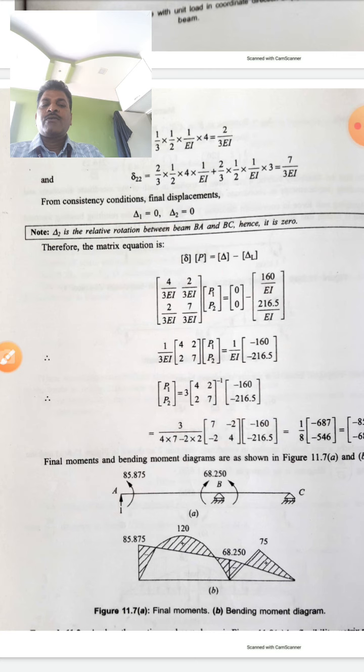Therefore delta 12 and delta 22 are calculated.